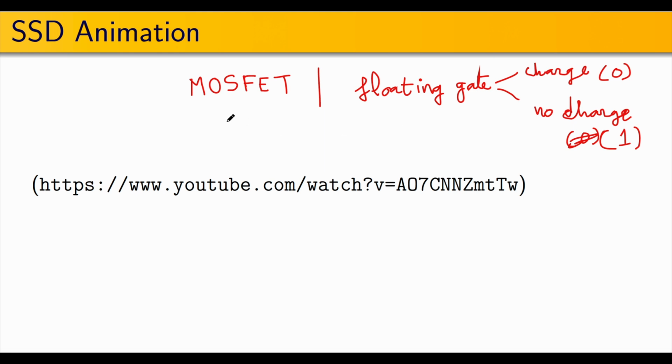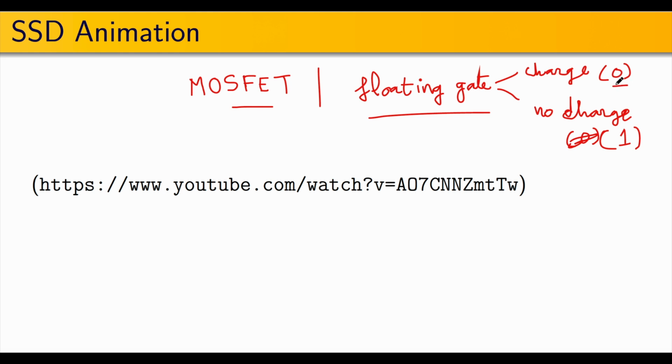So in MOSFET, you build another additional gate, called a floating gate. If the floating gate contains charge, then it's a zero state, and if you expel the charge from the floating gate, then you go to the state 1. Or if the floating gate does not have any charge, it is in state 1, and if you put charge in the floating gate, then you go from state 1 to state 0.